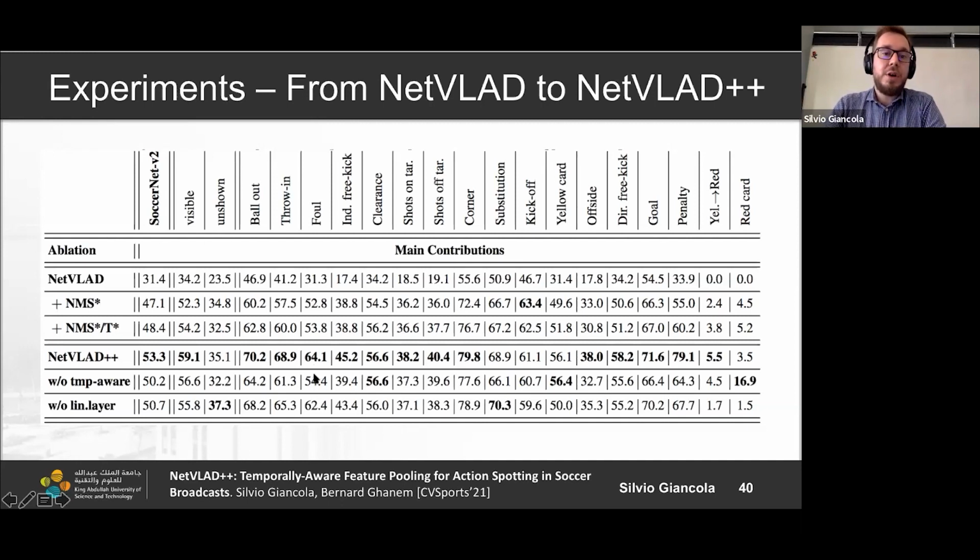Maybe the fall is that because when you have a fall, you have some context before and after that are completely different. So by disentangling those two vocabularies and learning something for before and for after, you might learn something more meaningful for all of these subsets. Same thing with throw-in, that was a massive improvement, and ball out. I'm just comparing this temporally aware business.